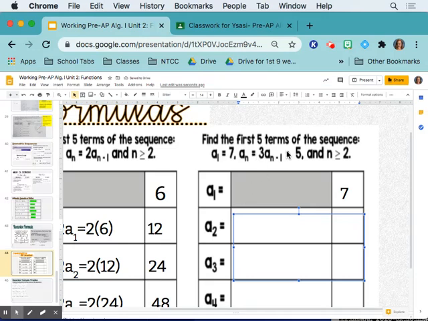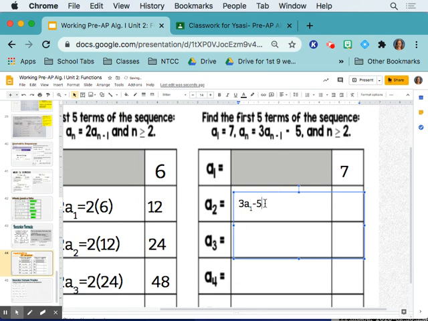Let's write down what we're multiplying by before we write the number. It's 3 times the previous term minus 5.